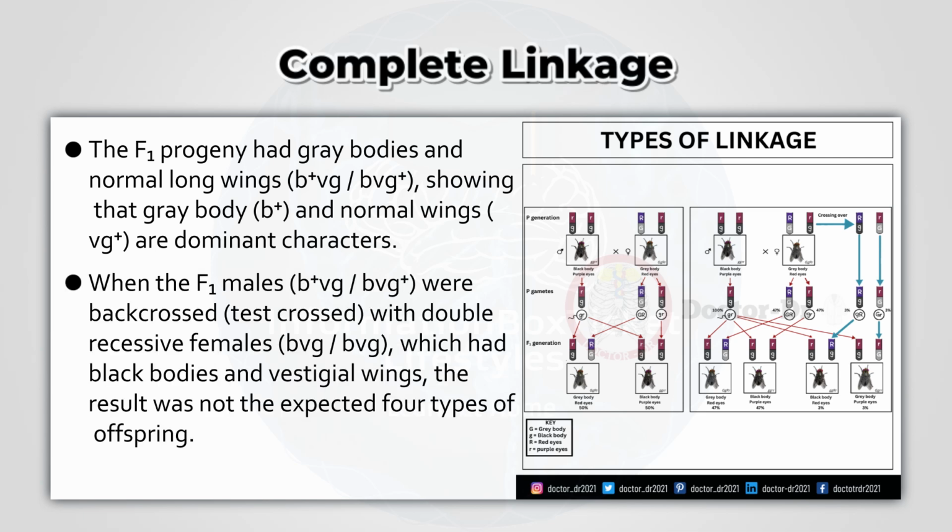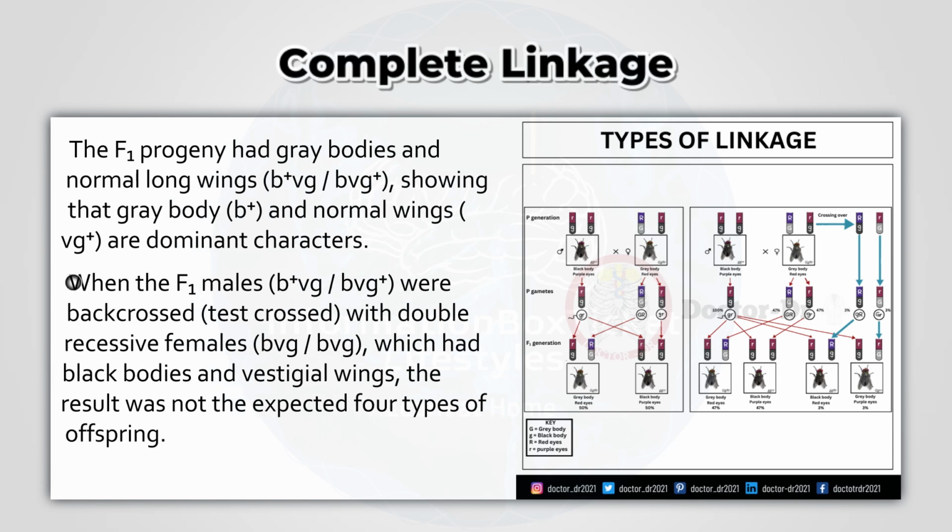When the F1 males, b+ vg/b vg+, were back-crossed, test-crossed, with double recessive females, b vg/b vg, which had black bodies and vestigial wings, the result was not the expected 4 types of offspring.